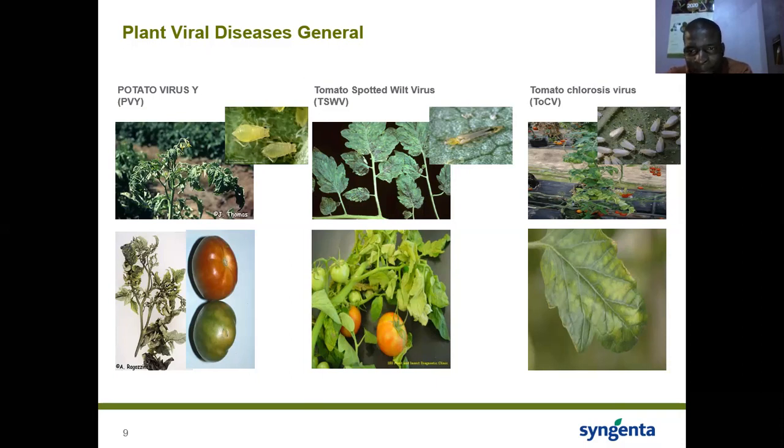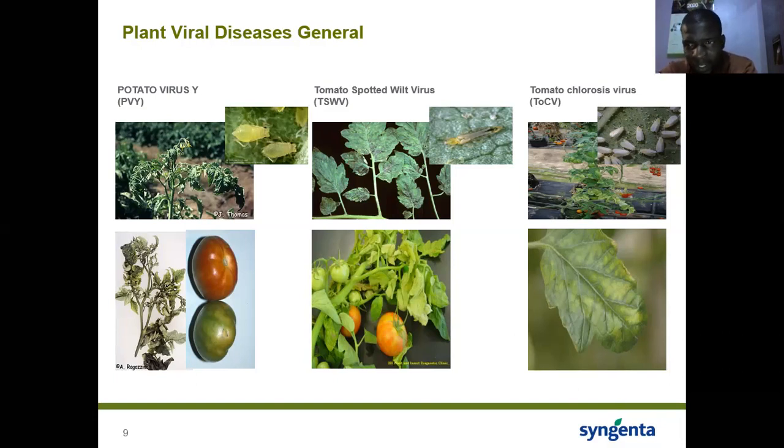Then we've got what we call tomato chlorosis virus, which is transmitted by an insect known as whitefly. So when you've got this infection, you're going to have this kind of symptoms on your crops. So it's therefore important for a farmer to also have very good crop protection against whiteflies, so that you might not have this infection.